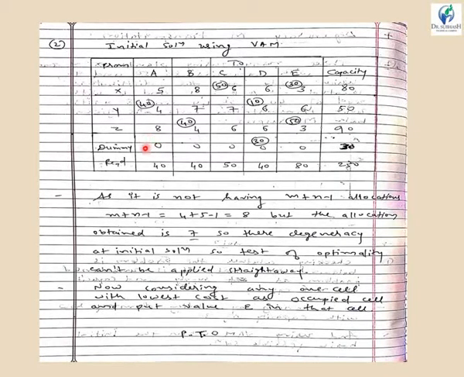If I substitute epsilon over here and consider this as an occupied cell, what is the procedure to draw the closed loop? The closed loop should be drawn in such a way that its starting point and end point are the same. You can draw the loop with the help of horizontal and vertical lines.